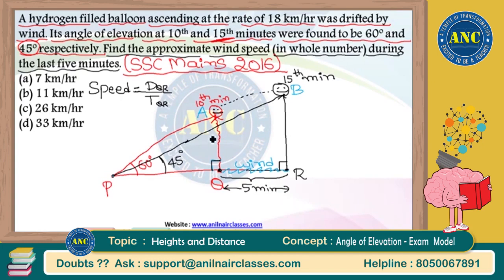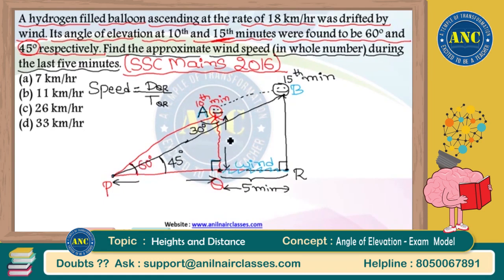First of all, if I take this triangle PQA, this is 90 degrees, this is 60 degrees, that means this angle should be 30 degrees. We know the ratio of the sides of a 30, 60, 90 triangle. Opposite to 30, if I assume 1 unit, then opposite to 60 will be root 3 units.